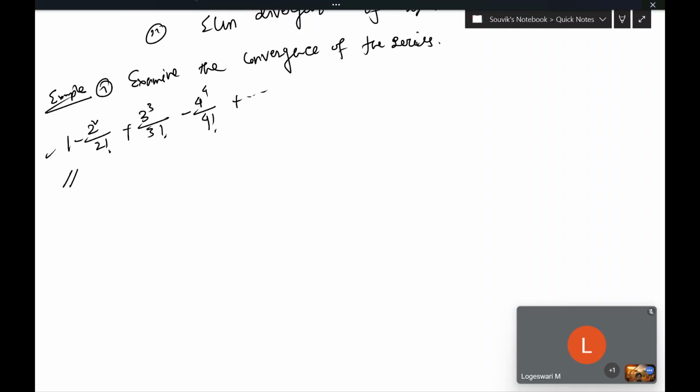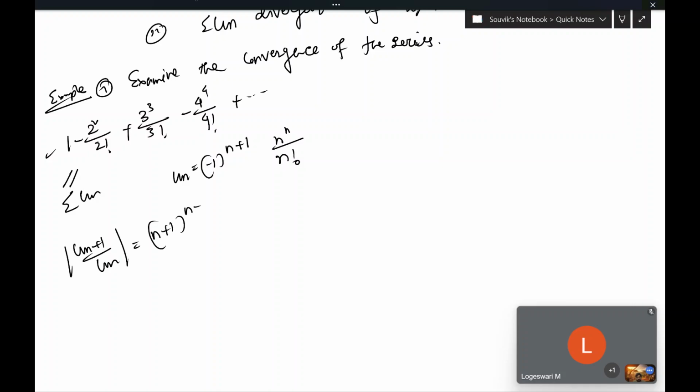Let us denote this summation u_n. So the nth term is equal to (-1)^(n+1) n^n / n!. Now observe that |u_(n+1)|/|u_n| is equal to (n+1)^(n+1)/(n+1)! into n!/n^n.